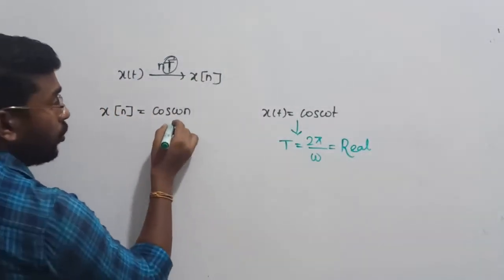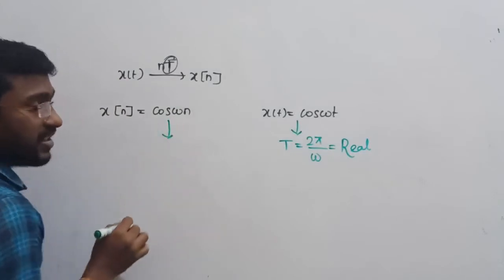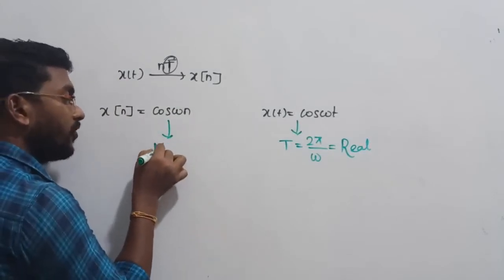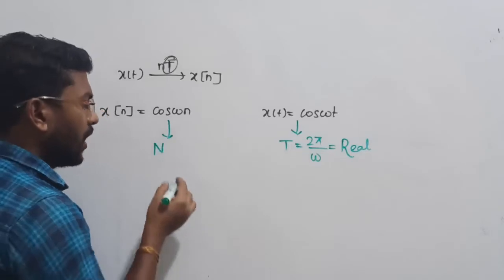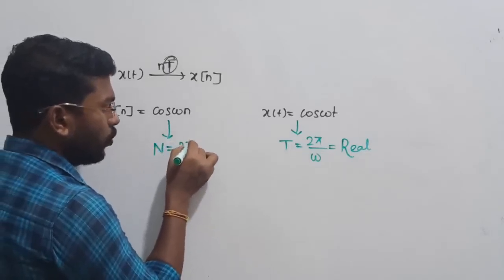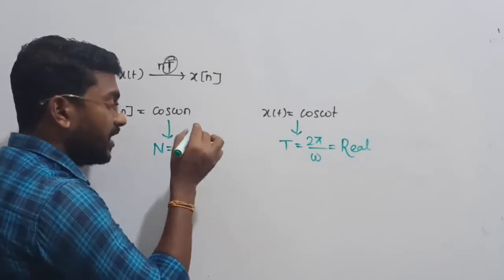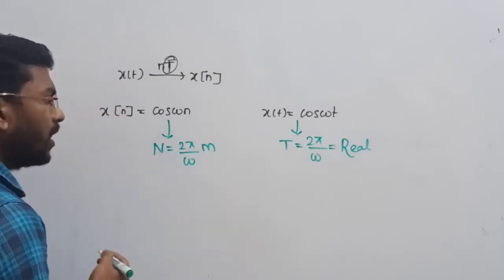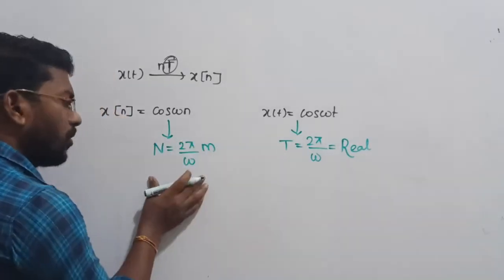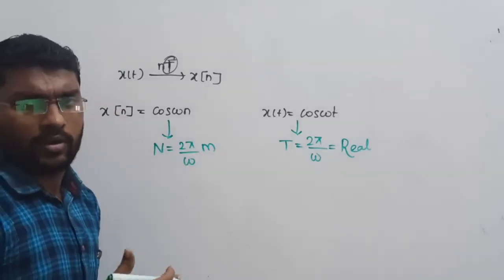Now when I am looking at the discrete domain, your fundamental time period will be defined by capital N, and I am going to use the same formula only. 2 pi by omega is the general formula, but it will be multiplied by an integer m, right? Same formula, but why am I multiplying by m? I will let you know.